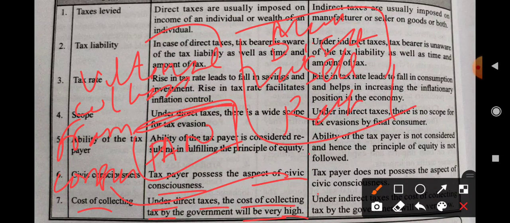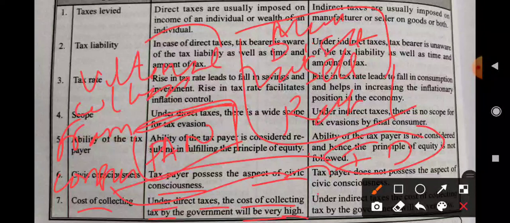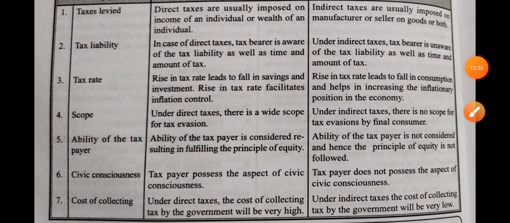So the ultimate consumer or customer will pay indirect tax, but unknowingly he will pay. He doesn't know how much tax he is paying on a particular product. That is how the indirect tax system is working in the country. So this is the basic difference between direct and indirect taxes, and very important one for the exam point of view.